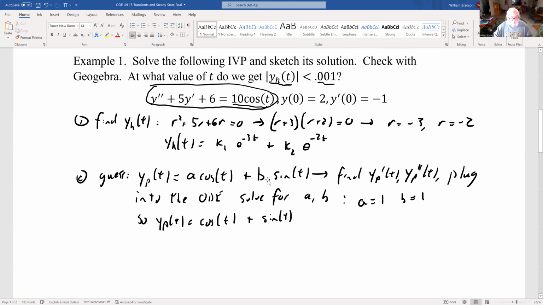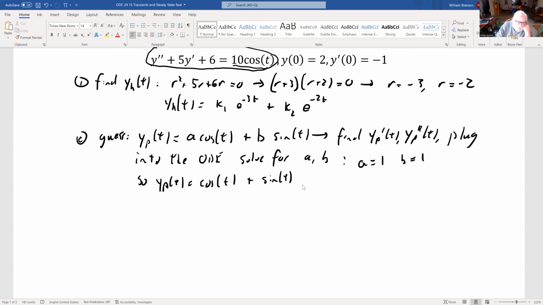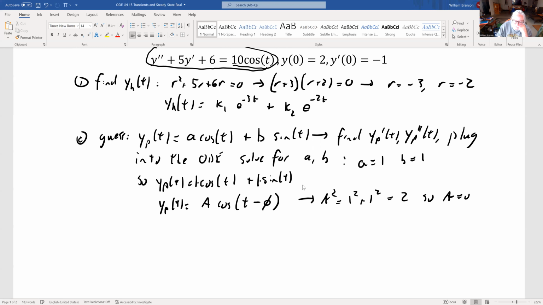And as we usually like to do, we want to rewrite it as a single cosine term, a cosine of t minus a phase angle. What are the equations for this? Well, the coefficients are 1 times cosine t and 1 times sine t. A squared, the sum of the coefficients squared, equals 2, so A equals square root of 2.